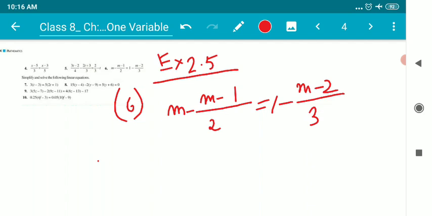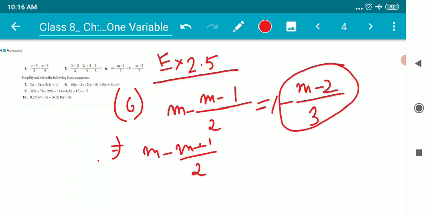All right, so here let us write m minus 1 by 2, and let us bring this number from right hand side to the left hand side. Let us transpose this number. It will be minus m minus 2 by 3. Now the question comes in your mind, why did you do this?